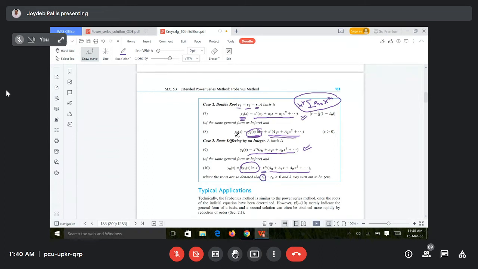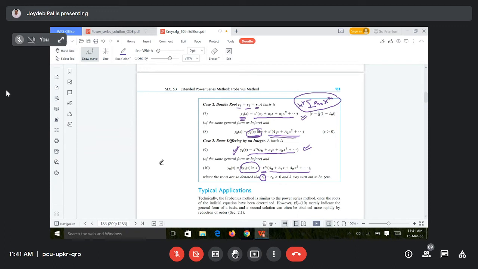So keep in mind, whenever roots differ by an integer, the first solution is for the larger root.